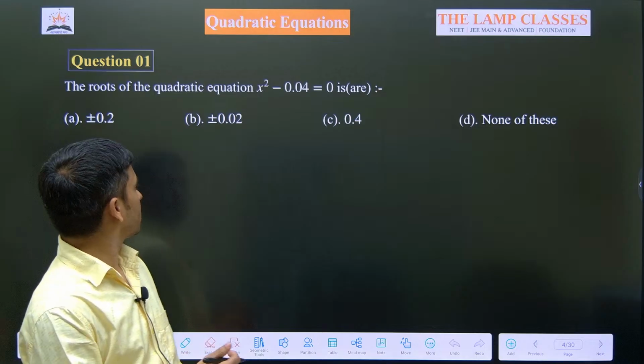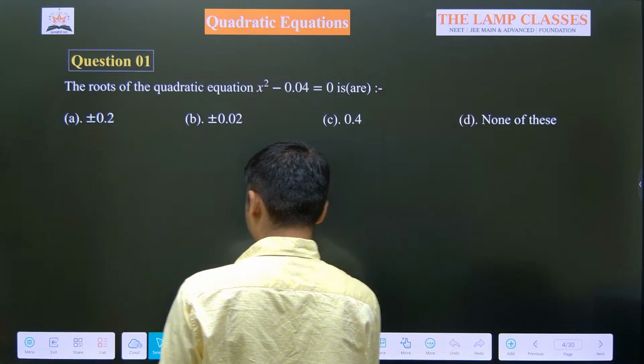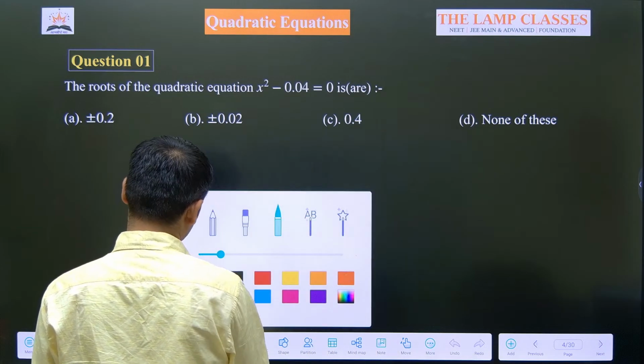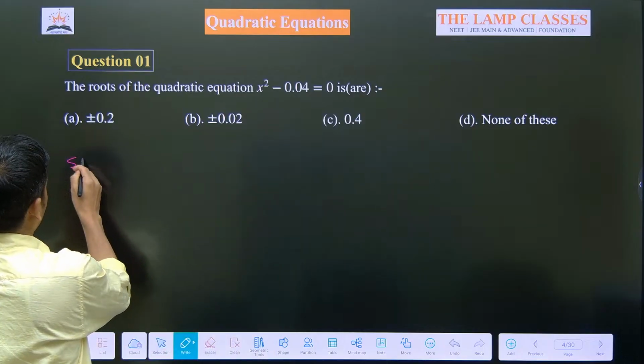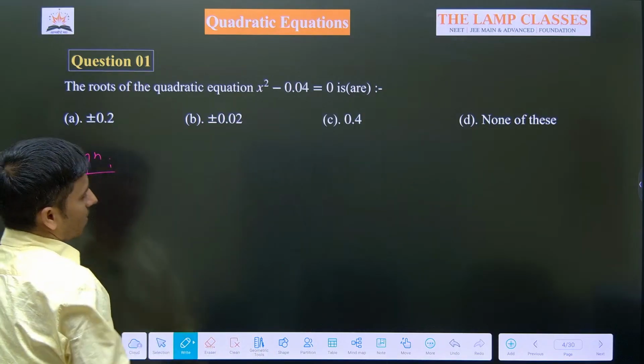So what are the solutions of this quadratic equation? Mark the right option.